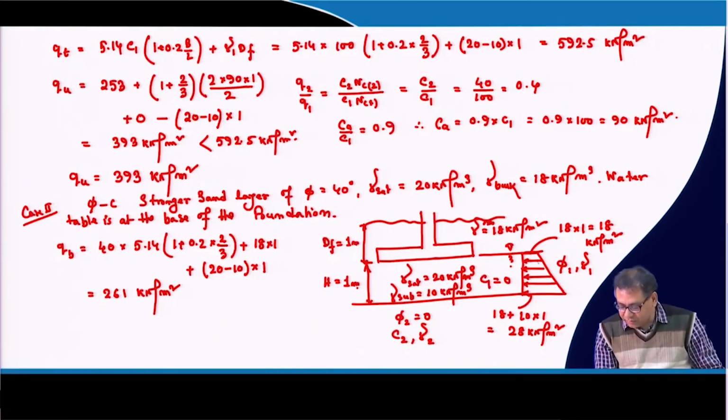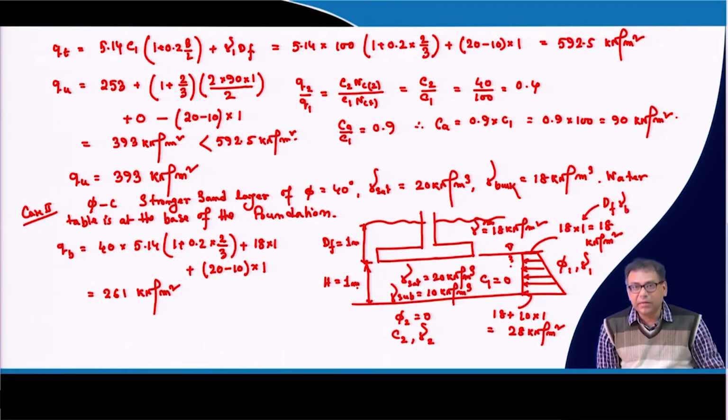This is the case. As I mentioned, this value is basically dF into gamma bulk, because gamma bulk is the unit weight above the water table. Even if the water table is not at the base, but slightly above the base and below the ground surface, then some portion will be gamma bulk and some portion will be gamma sub.